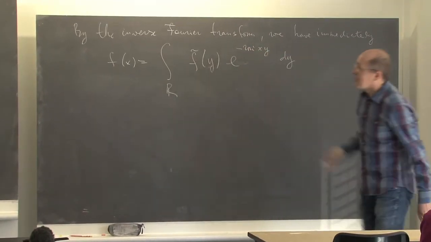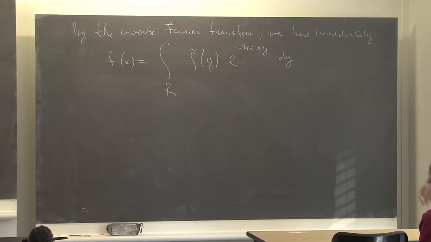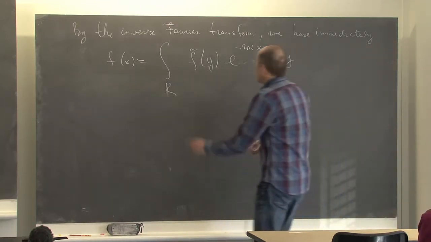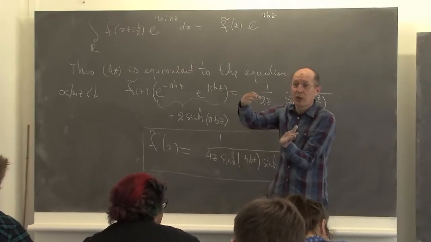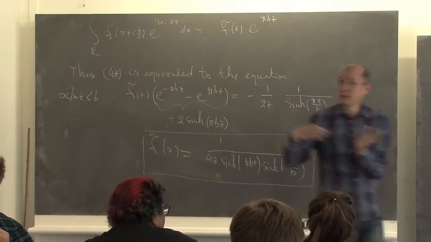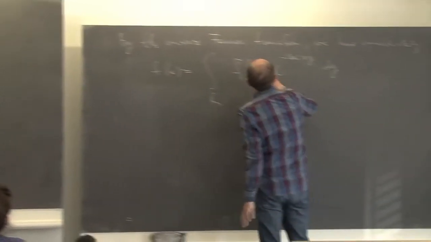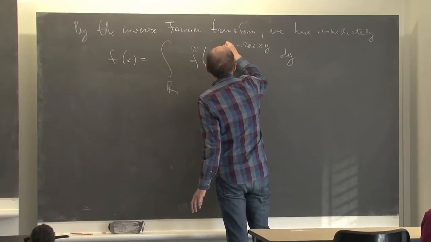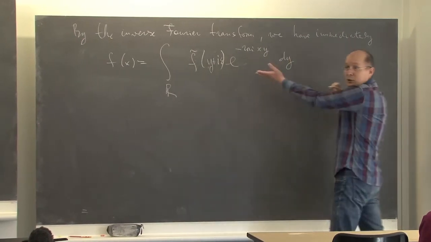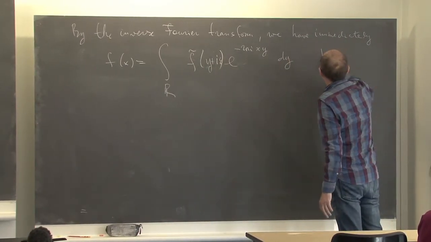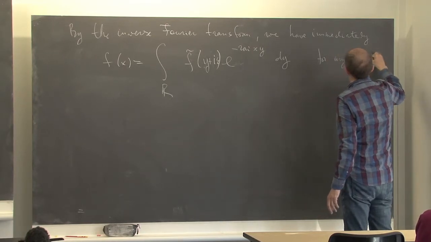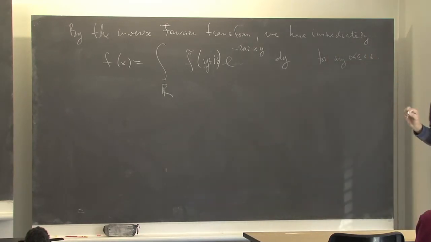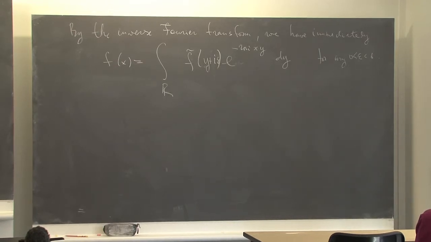That would be the inverse Fourier integral if we were on the real line, but we are not. Remember that z here should be strictly between 0 and b, which means that we have to put here some epsilon, i epsilon. And that's a correct formula for any epsilon between 0 and b. That's the correct formula.